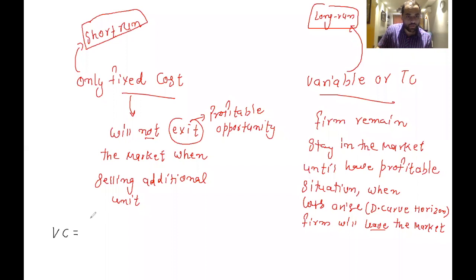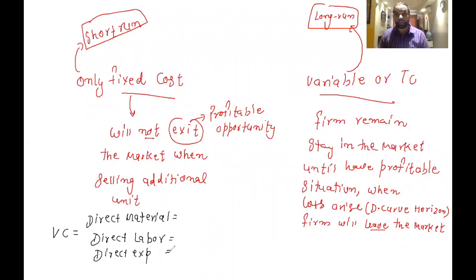Let's take the example of direct material that you will study later on in your management accounting class, right? Direct material and direct labor, or maybe direct expense. Direct material is a material that helps us to make a product, for example, a pen. If this pen is made from plastic or metal, plastic is a raw material.